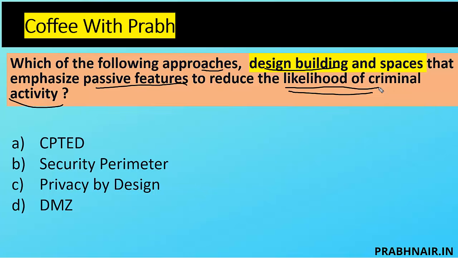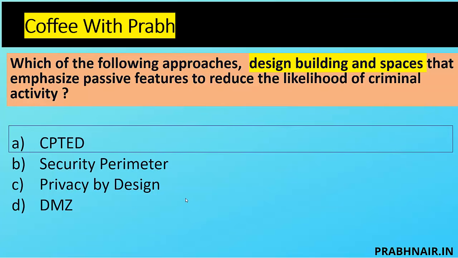And last is DMZ. DMZ is a demilitarized zone, which is used to segment my internal network from the internet. So the close answer you can see here is A, CPTED, because it is a design feature we adopt while building a facility. Okay, that's what the answer is, A for Alpha.